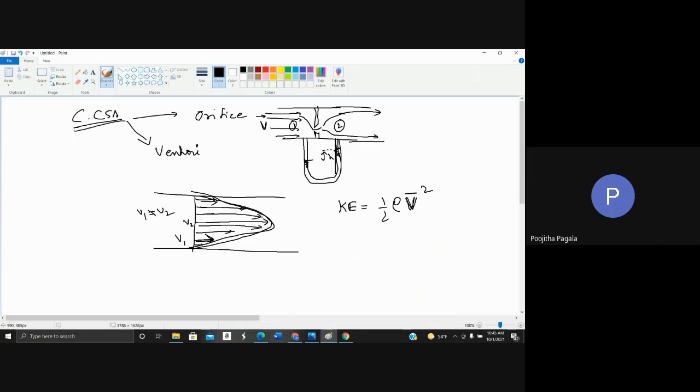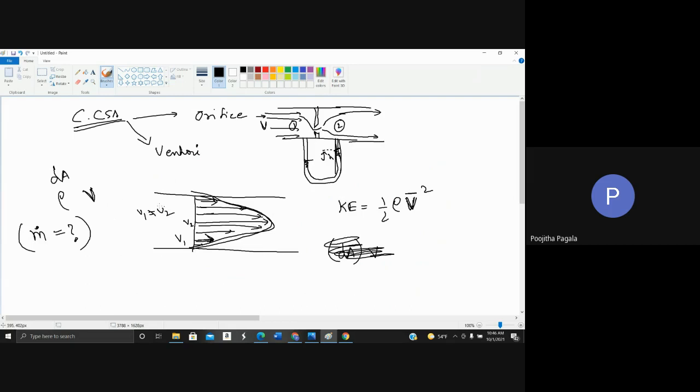So in reality, if you take a small cross-sectional area dA, and the velocity of fluid flowing through the area is V, and the density of my fluid is rho, can you tell me what is the mass flow rate? Rho V dA.